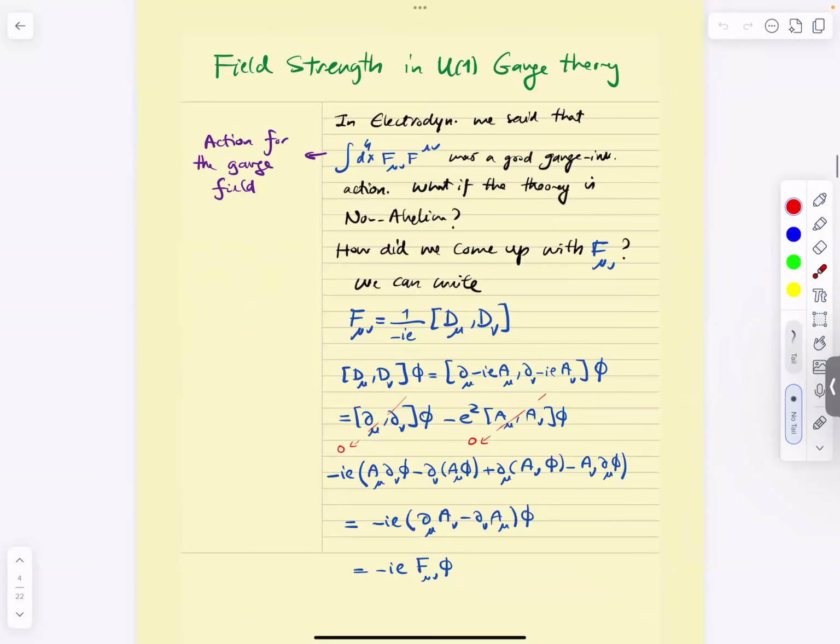Now, what is the field strength in U1 gauge theory? Field strength in U1 gauge theory, electrodynamics, was just the matrix F mu nu, right? F mu nu of x was del mu A nu of x minus del nu A mu of x. What is this matrix?